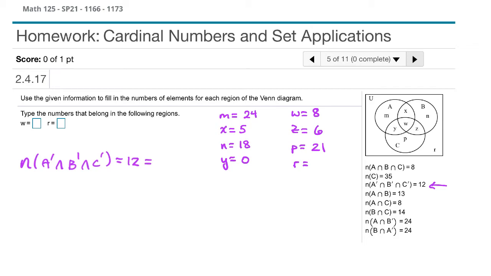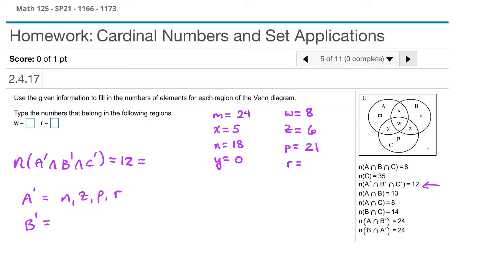Writing these out, the regions that correspond to the complement of A, everything outside of A, give us N, Z, P, and R. The regions outside of B give us M, Y, P, and R. The regions outside of C give us M, X, N, and R. For the intersection, we want the regions that are common.